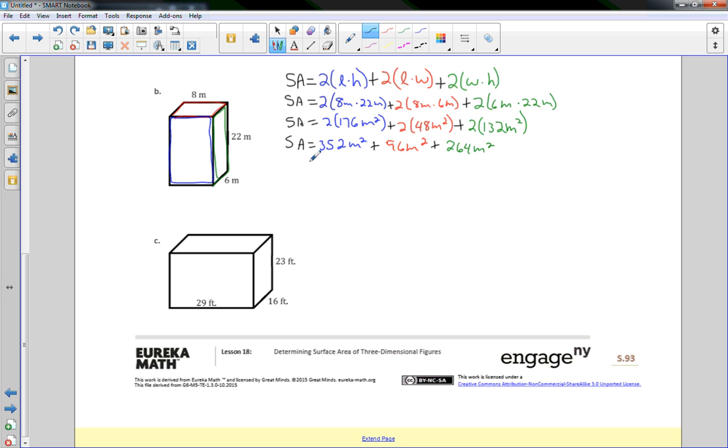So finally, my surface area total is going to be 2 plus 6 is 8, plus 4 is 12, carry a 1. 5 plus 1 is 6, 9 plus 6 is 15, 15 plus 6 is 21, carry a 2. 2 plus 3 is 5, no hundreds position, so it's still 5, plus 2 is 712 meters squared.